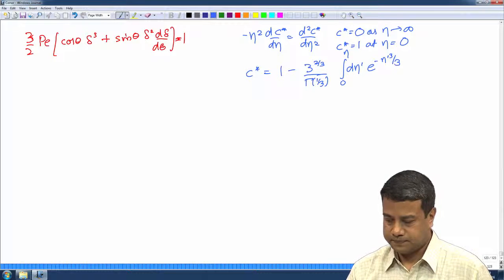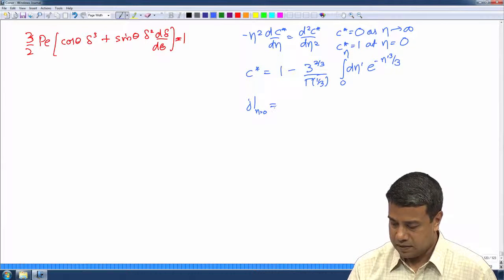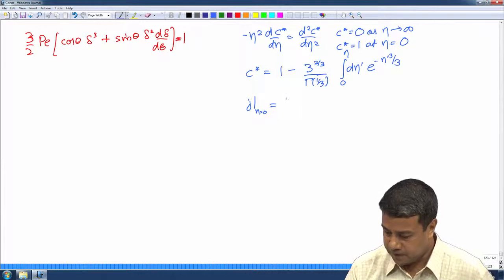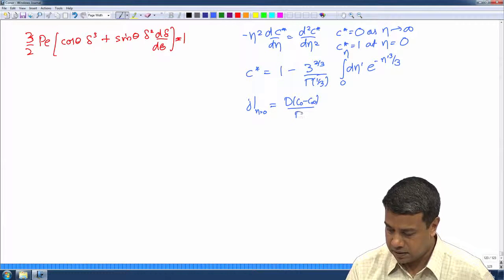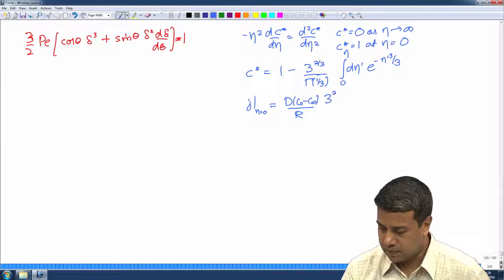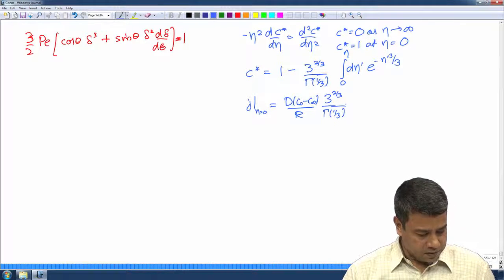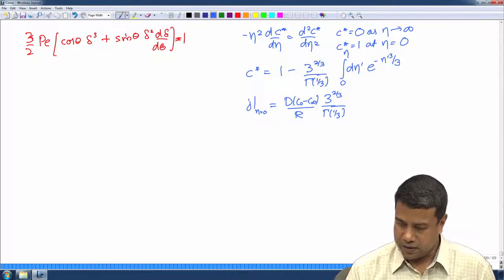And the flux at the surface at eta is equal to 0, we had got that as plus D into C naught minus C infinity by r, into 3 power 2 by 3 by gamma of 1 by 3. So, those were the equations that we had got for the flux and for the concentration field.